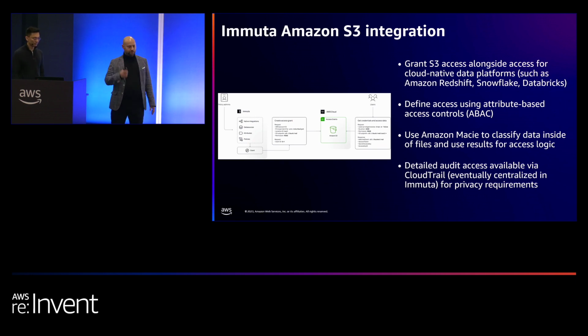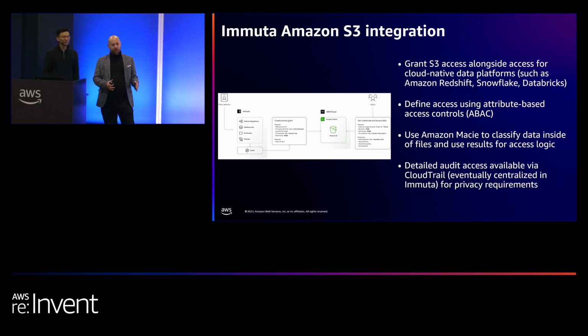Building off of this S3 Access Grants feature, what Immuta has built is the ability, like Huey said, to grant S3 access alongside cloud-native data platforms in a common security model and policy engine. What Immuta adds to existing concepts of role-based access control is a concept called attribute-based access control.